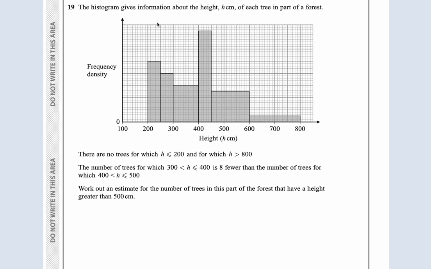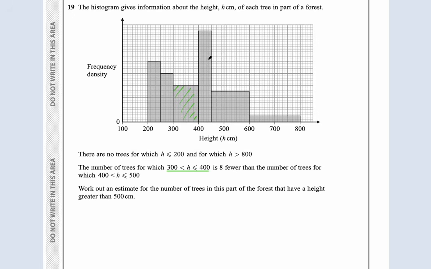The histogram gives information about the height h of each tree in part of a forest. So he says there's no trees less than 200 or greater than 800, and the number of trees between 300 and 400, so that means the number of trees here, this green thing here, I'll just underline that there, is 8 fewer than the number of trees between 400 and 500.